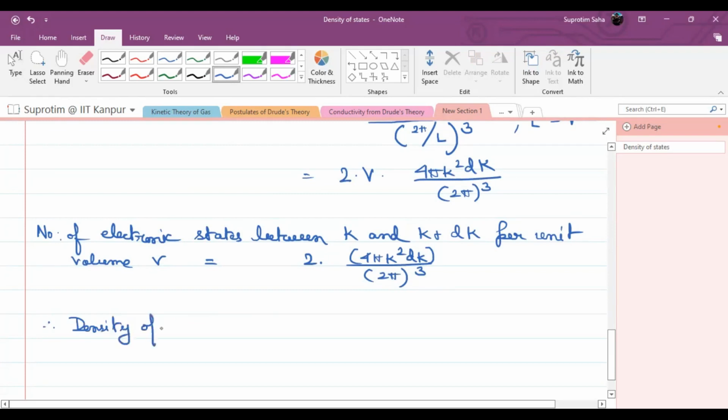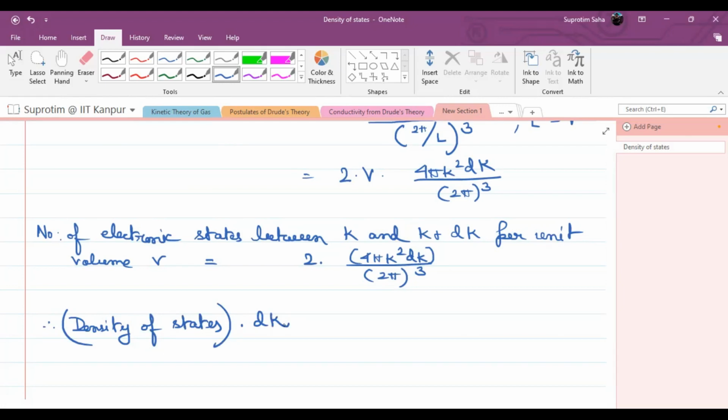So this is the density of states times dk, because in that dk radius, how much is the density of states? This will be the proper definition of what we have been calculating. The number of electronic states within k and k plus dk per unit volume is this, which can be interpreted as the density of states times the thickness of the spherical shell, dk.